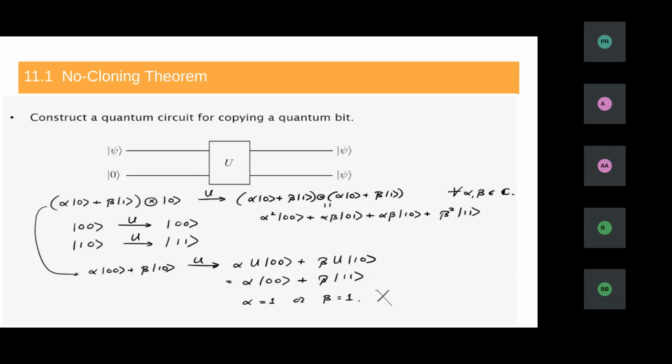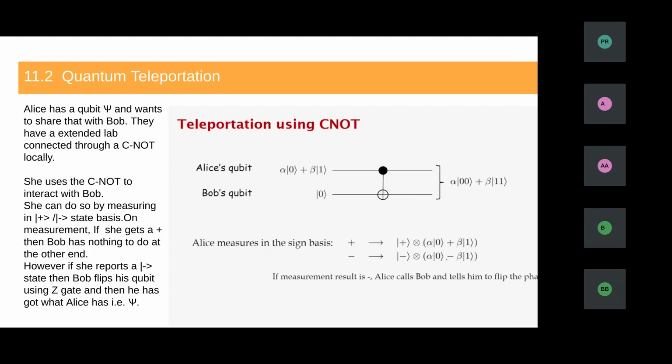So now the dilemma is, what do we do? We do want to communicate that if somebody called Alice has a state which is a combination of the states, and wants to pass it on to Bob, how do we handle that? Let's think of this in a different way.